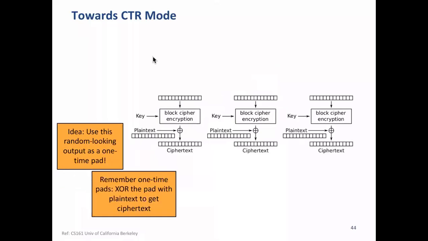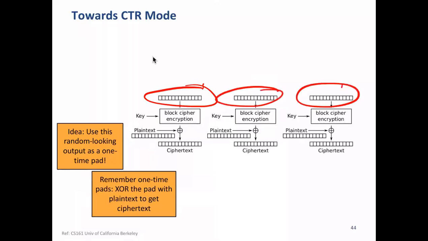So what we can do is use this as a random input. Note that this is not the text you want to encrypt; the input to encryption is random text. The output of that we exclusive OR with the plaintext, P1, then P2, then P3, parts of the original message.